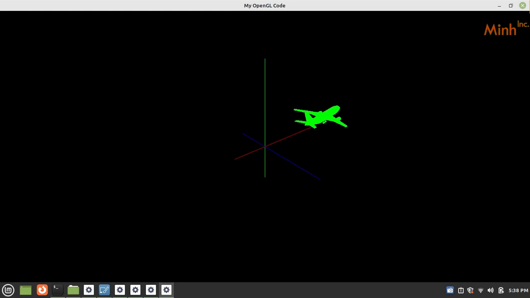So it is going to take off, and okay, so it is on the runway. So we'll rotate again. So it is ready to take off, and it is on the X Z plane.